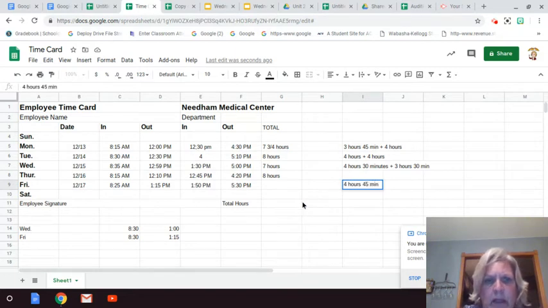All right. And then in the afternoon, we did from 1:50 to 5:30. So if I go 1:50, 2:50, 3:50, 4:50, that's only 3 hours, and then from 50 to 30, that's 40 minutes. Well, this 1:50, you're 10 minutes away from 2 o'clock.